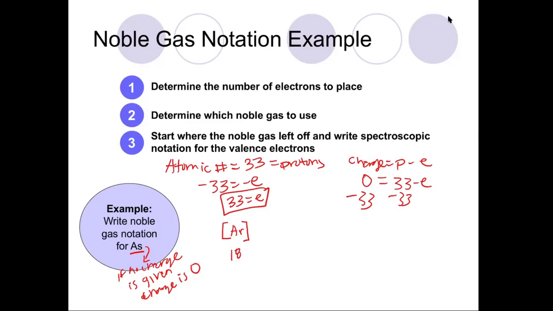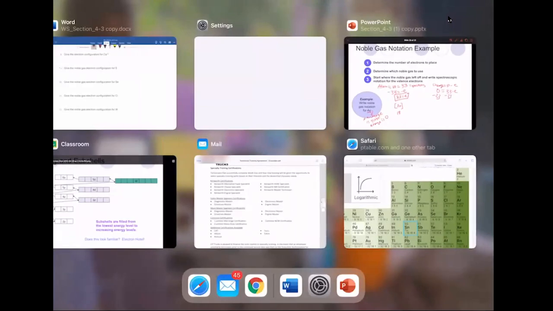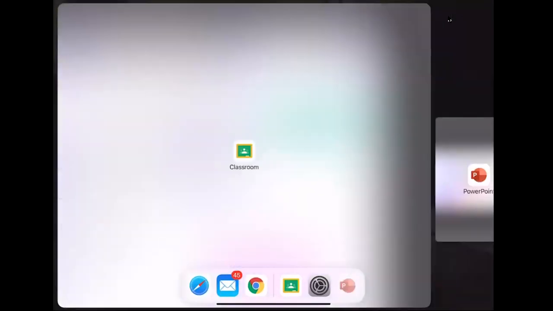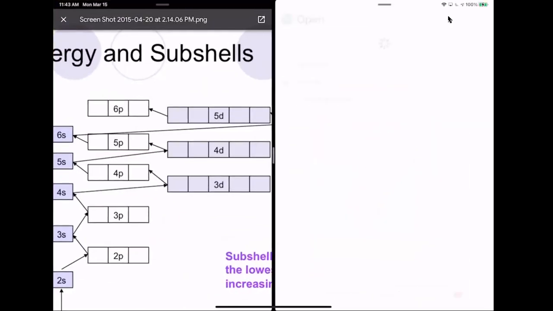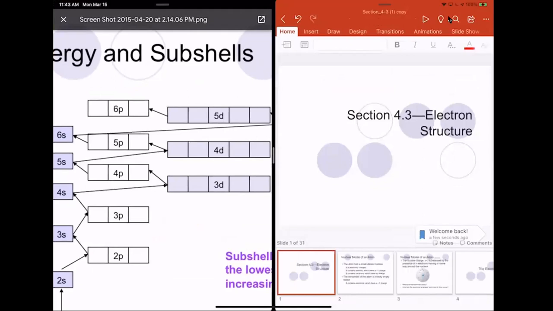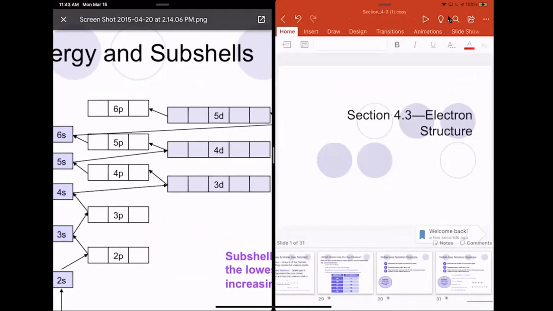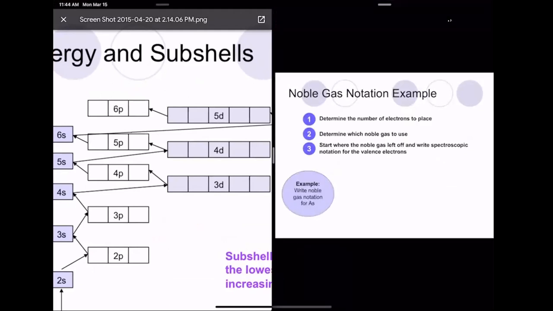Sorry, guys. Okay, so we said 33 electrons. We already said argon. Argon is 18.